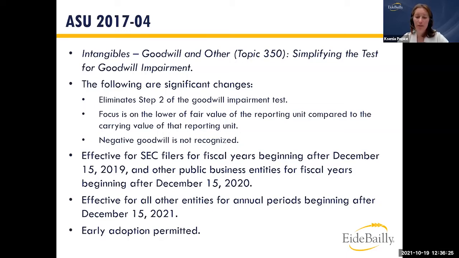It typically arises from business combinations and so forth. But we are seeing an uptick in mergers and acquisitions around the country due to COVID, due to some of the bankruptcies, but also due to just efficiencies that can arise from mergers and acquisitions. So I think the standard will be more prevalent going forward.